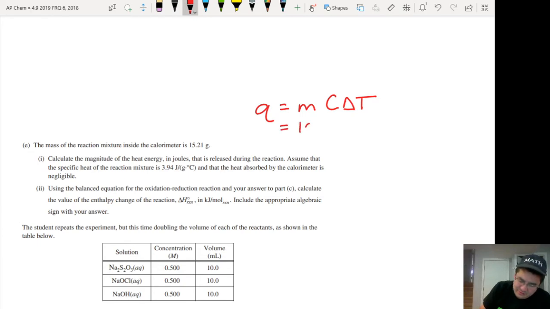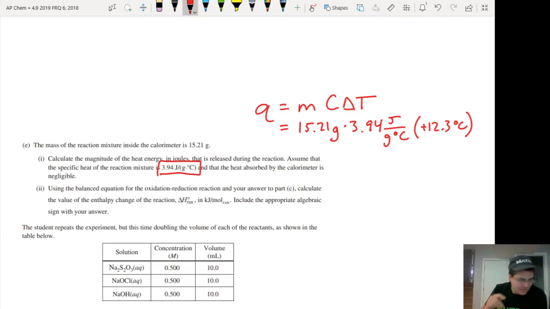And you can just use 15.21 grams times, they say the heat capacity of the solution is 3.94 joules per gram degree C, times your change in temperature, which is 12.3 degrees Celsius. I have the answer, so let me figure out what they said. They actually used 12.5 in their thing. I think 12.3 would be valid. They wouldn't count it wrong.